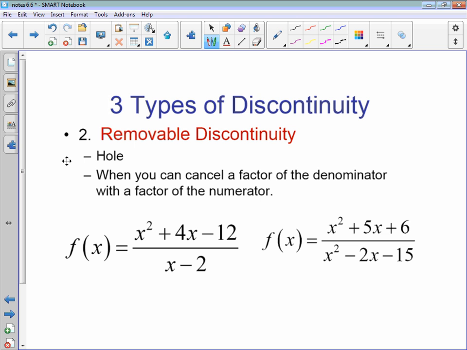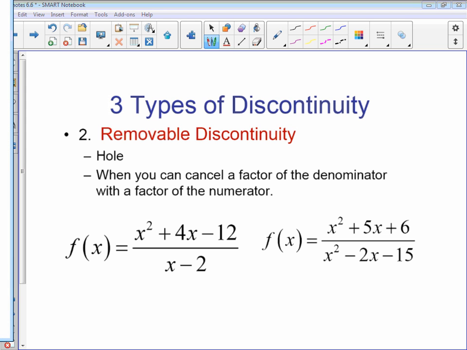All right, guys, our second type is a hole. You guys be familiar with both names for this one.